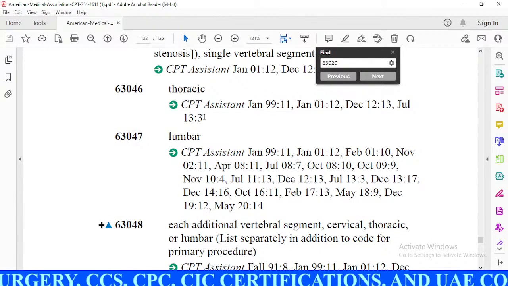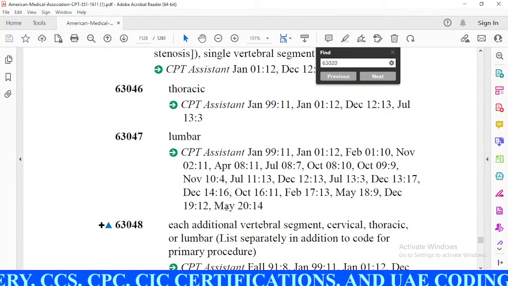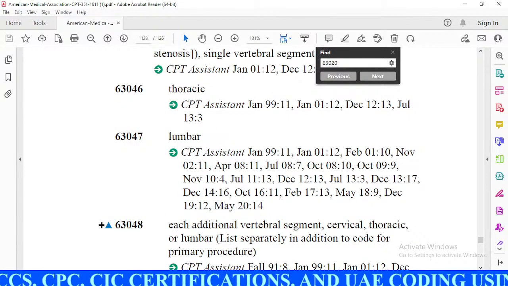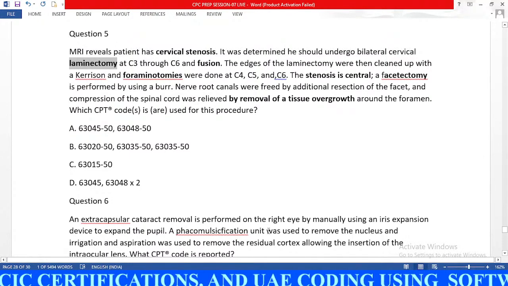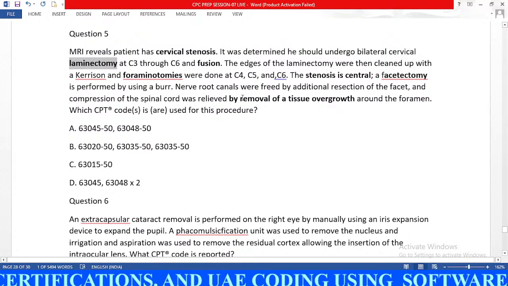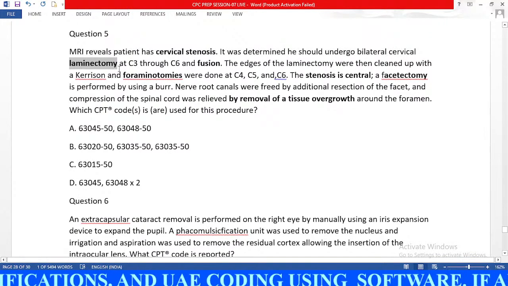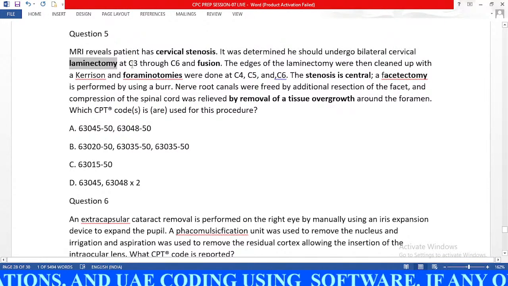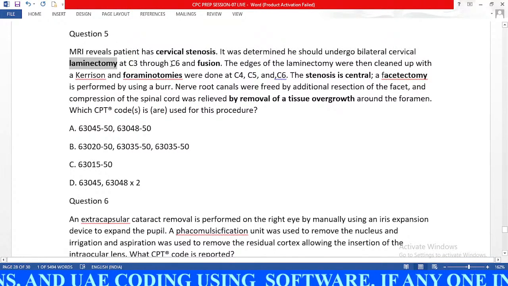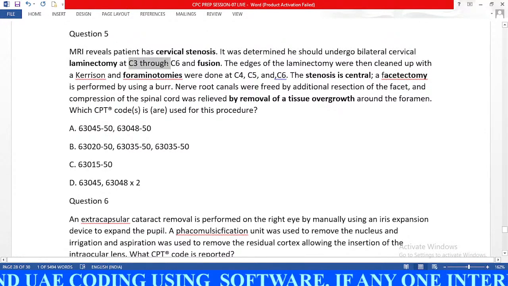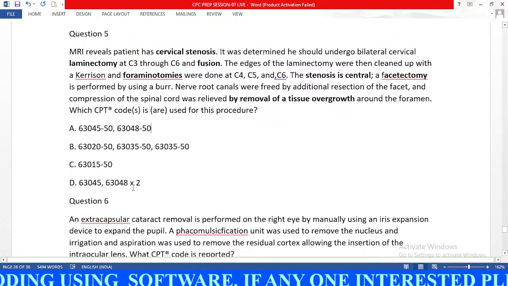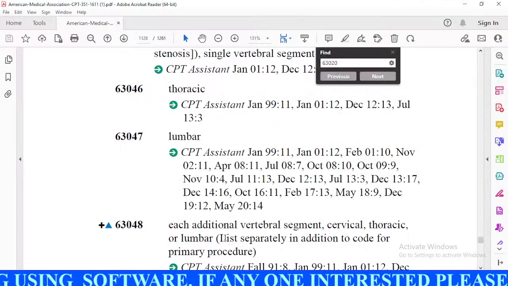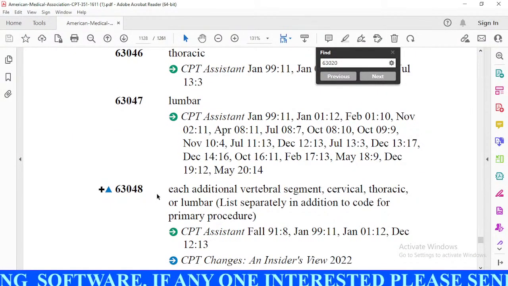Whether it is cervical, thoracic or lumbar, we need to use 63048. So first of all we need to identify the levels here. So yes, three levels: C3 to C4, C4 to C5, C5 to C6. So here the physician has performed the procedure on three levels. So 63048 times 2. We need to use 63048 two times.